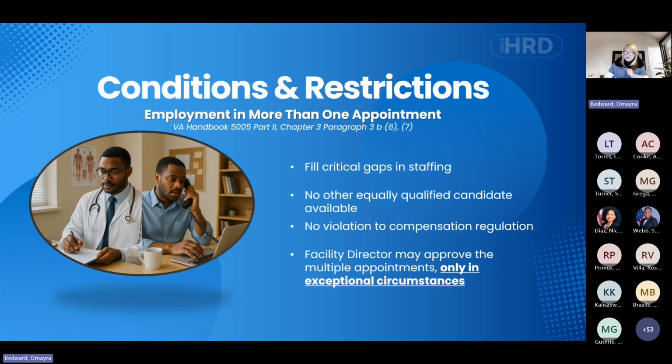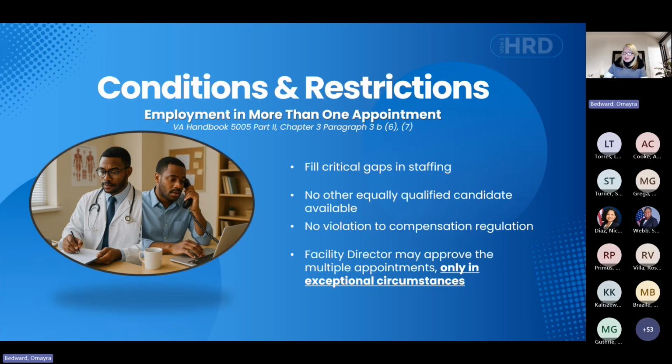Under Paragraph 3B6, it says the facility director may approve more than one appointment subject to the following conditions. Services are essential to the healthcare needs of patients. No other equally qualified individual in the specific specialty is available in the locality. There's no violation of compensation statutes or VA policies.